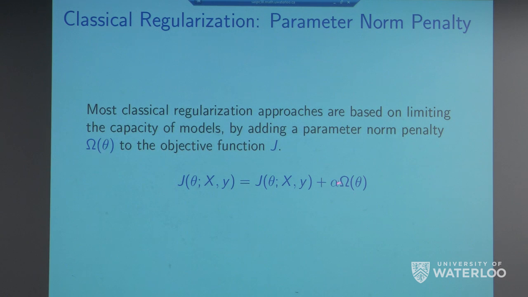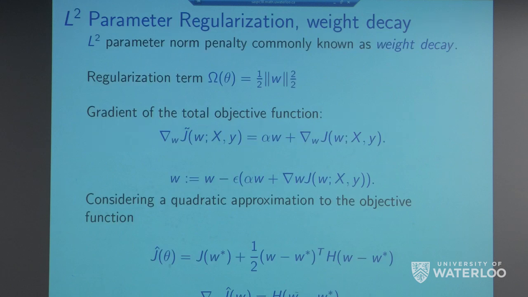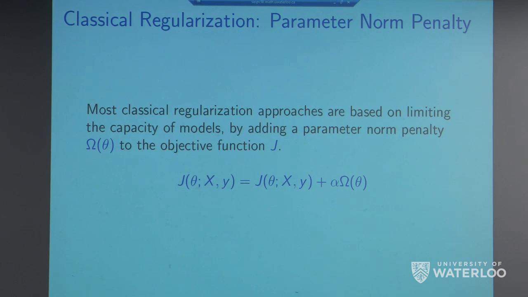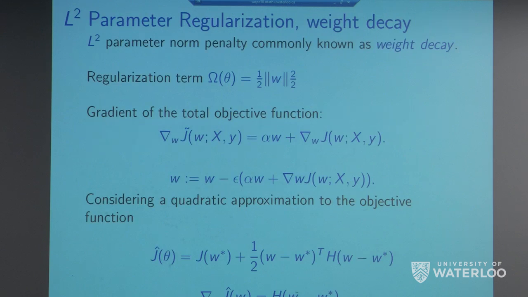So regularization means adding a function over theta. This function is increasing with respect to the complexity of the model. When complexity is larger, this part becomes larger. It's like this term, but here we don't have any estimation of it. So this last part, the regularizer, could be many different things.